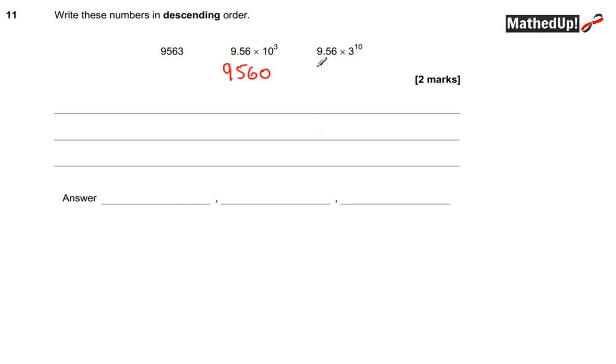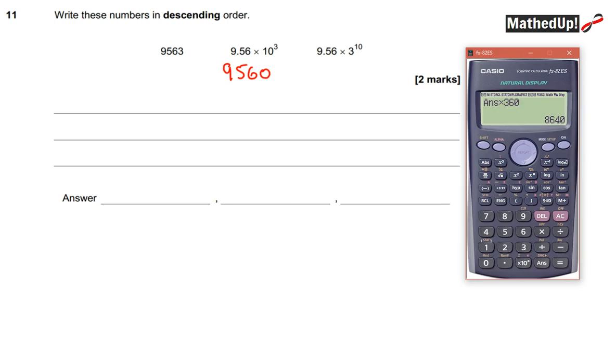9,560. Over here we've got 9.56 times 3 to the power of 10, so I'm just going to grab my calculator to help me do this. 9.56 times 3 to the power of 10, and that gives us 564,508.